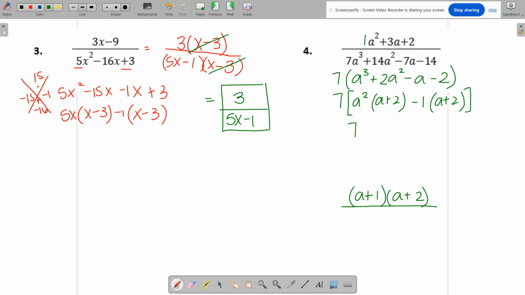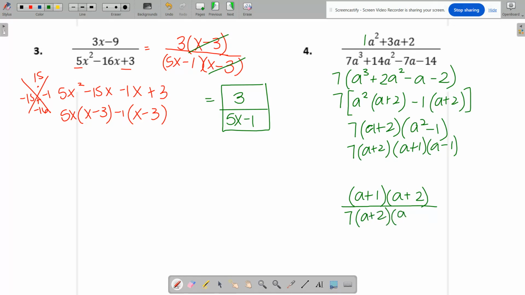So this ends up being 7 times a plus 2 times a squared minus 1, which actually can factor even further because a squared minus 1 is an example of difference of squares. So it's 7 times a plus 2 times, and a squared minus 1 factors to a plus 1 times a minus 1. So our denominator is 7 times the factor a plus 2 times a plus 1 times a minus 1.